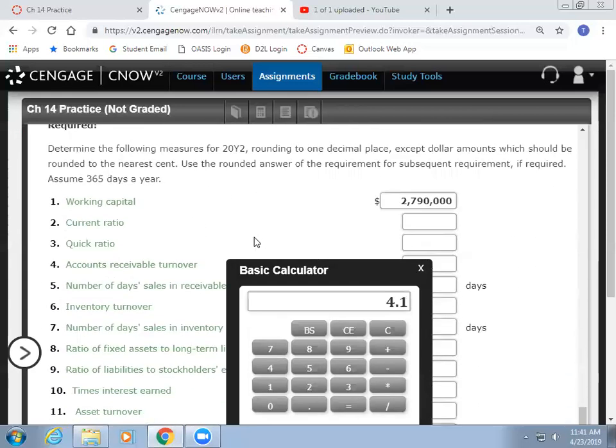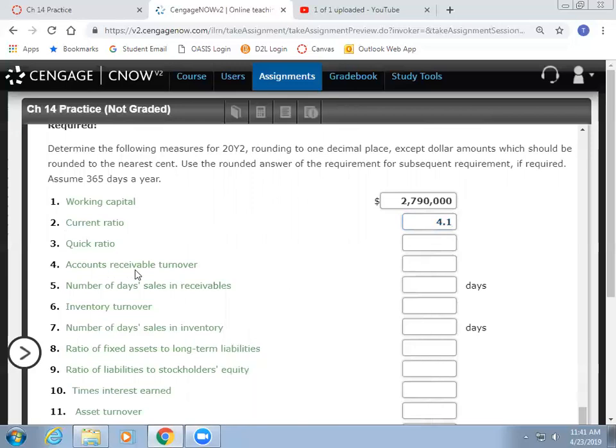So it's 4.1. What that means is with our assets, we could pay our current liabilities 4 times over. So the higher that number, the more liquid we are.